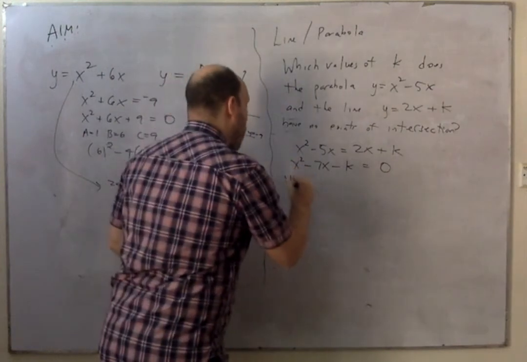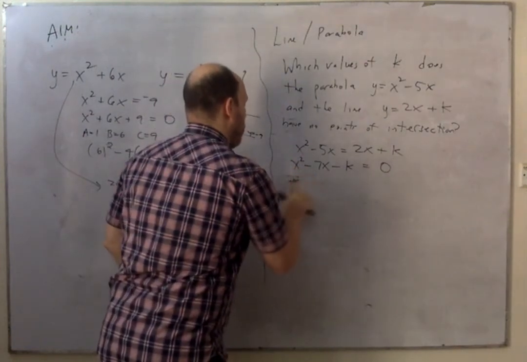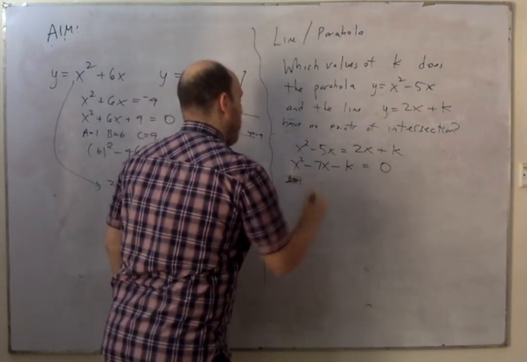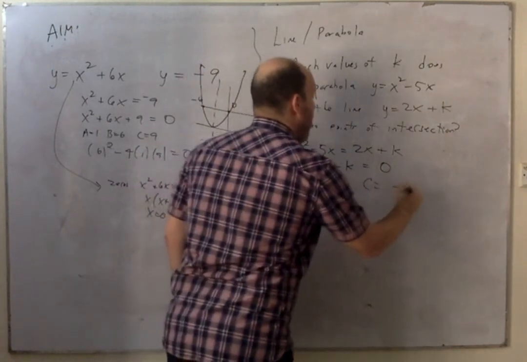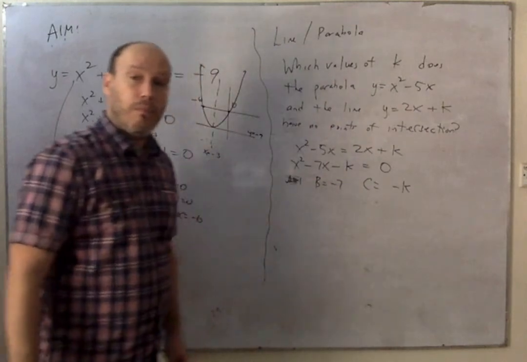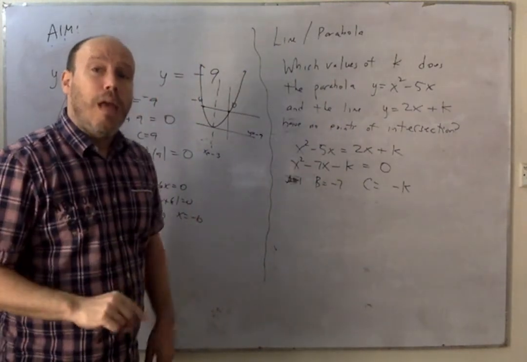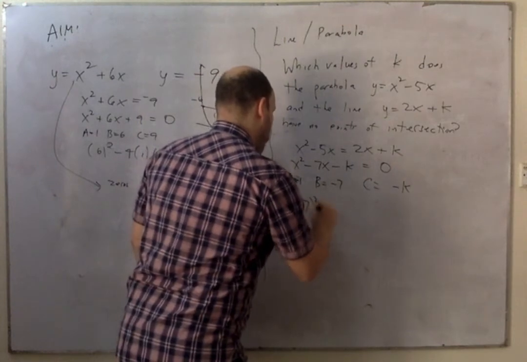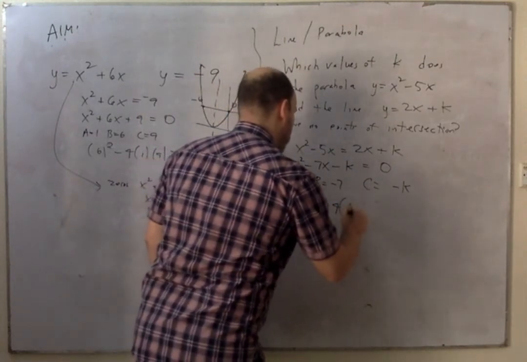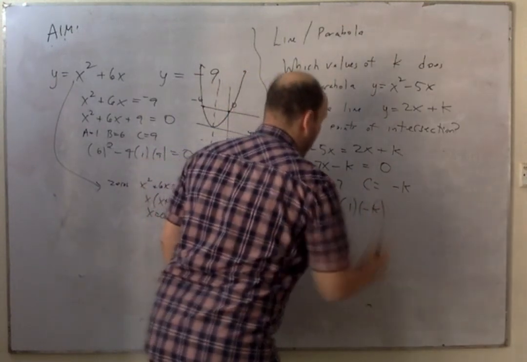So A is 1, B is negative 7, and C is negative k. Don't forget the negatives. Determine the discriminant. Negative 7 squared minus 4 times 1 times negative k.